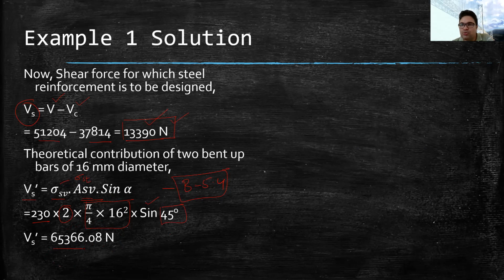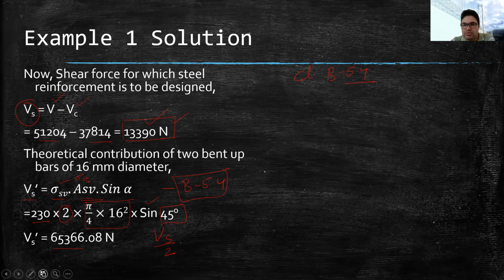But in the IS code, in clause B 5.4, the IS code has mentioned that the contribution of the bent up bar cannot be more than Vs by 2.